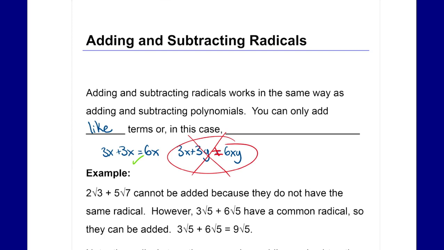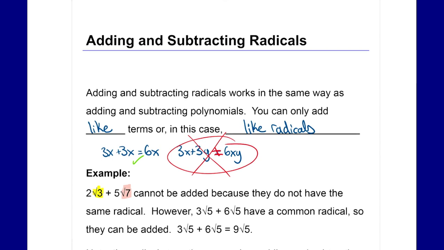It's going to be the same idea with radicals. You can only add like radicals together. So for example, 2 root 3 plus 5 root 7 cannot be added because they do not have the same radical.